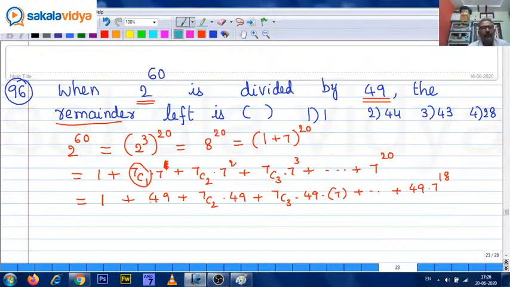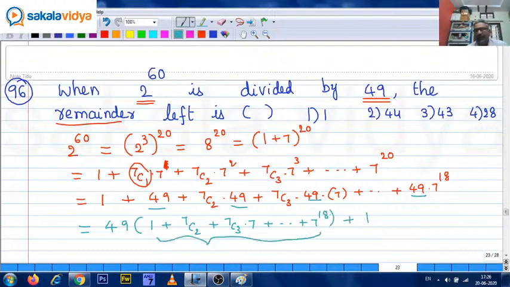That means you can take out 49 common. So we get 49 common times 1 plus 7c2 plus 7c3 times 7 and so on, up to 7 to the power of 18, plus 1. Now you can say this is equal to some integer k, 49k plus 1. If you divide by 49, it leaves a remainder 1. So option is 1.